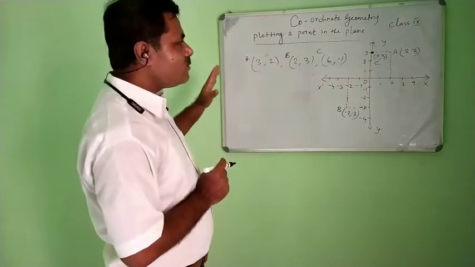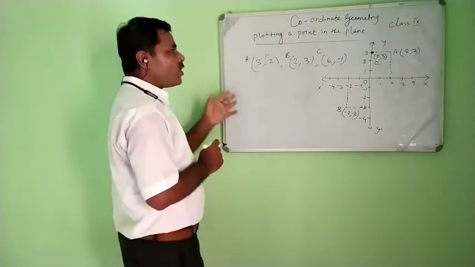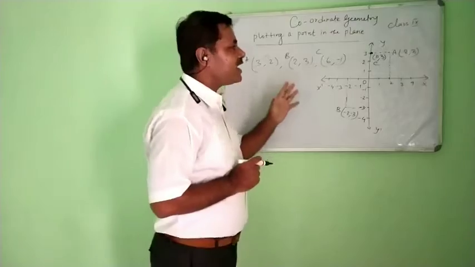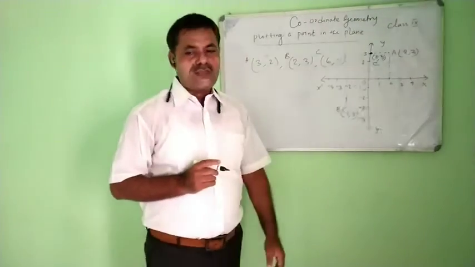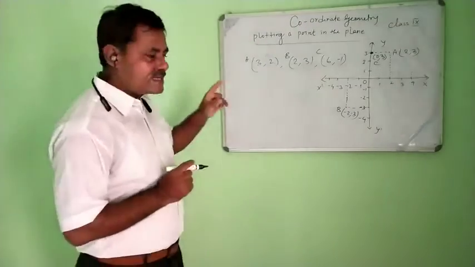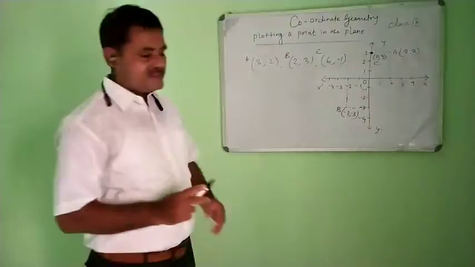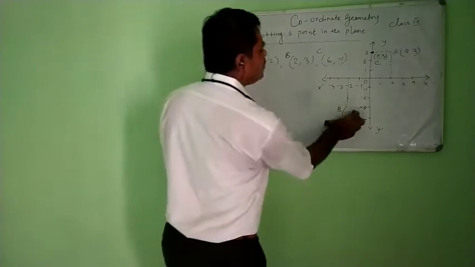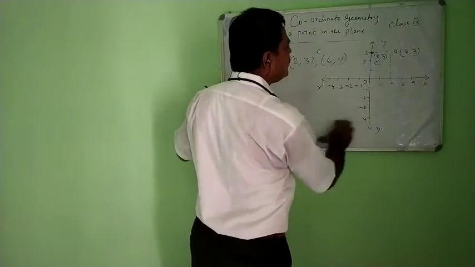Collinear means all the points lie on the same straight line. So in this question there are two things: first, plotting these points, and then showing that they are collinear. So how will you do it?